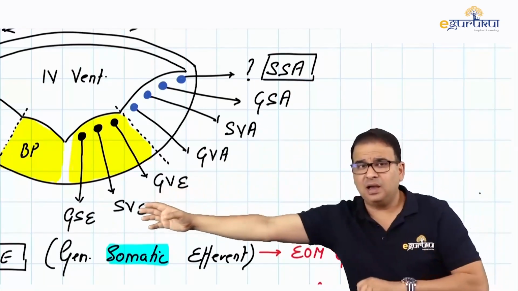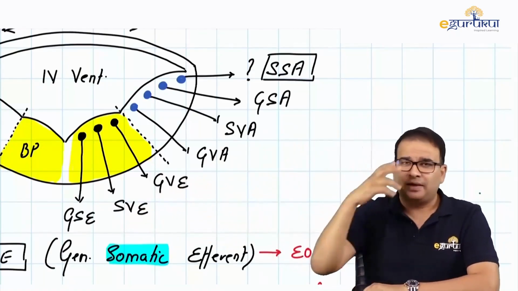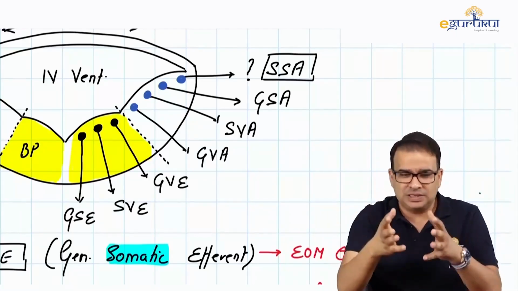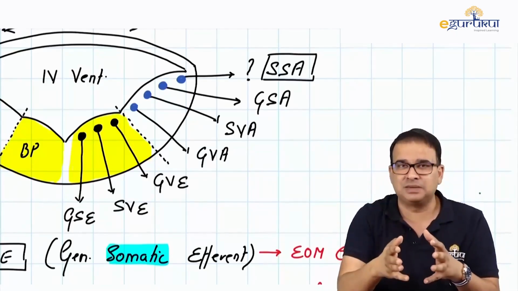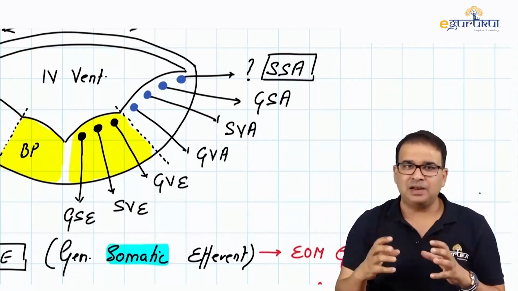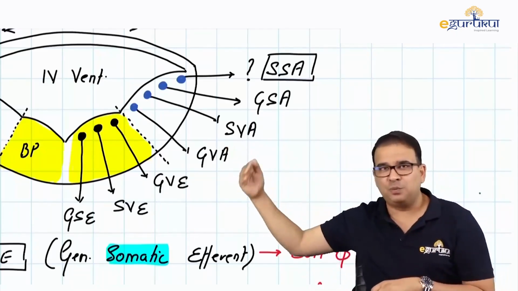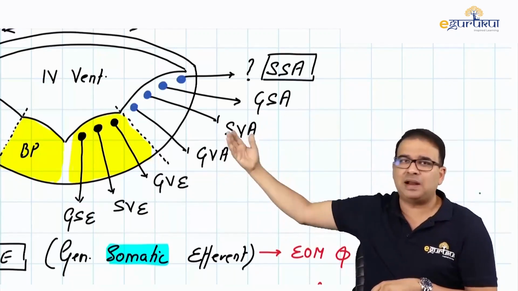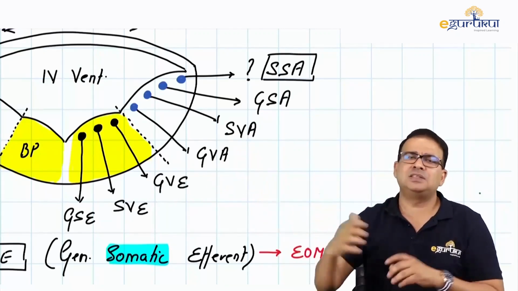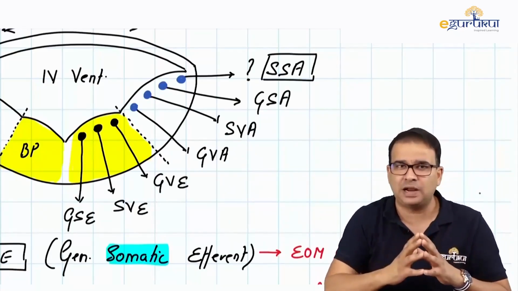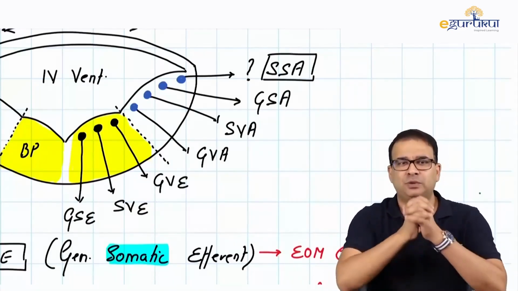And when you look at a GSE nucleus, like for the extraocular muscles, the oculomotor nucleus or trochlear nucleus, you will see them very close to the midline of the brainstem. So the sequence can't be changed. Although developmentally, some nuclei shift from lateral to medial and medial to lateral, not the entire column. There is a different phenomenon called neurobiotaxis. We will discuss that in neuroanatomy. As of now, let's keep it simple.